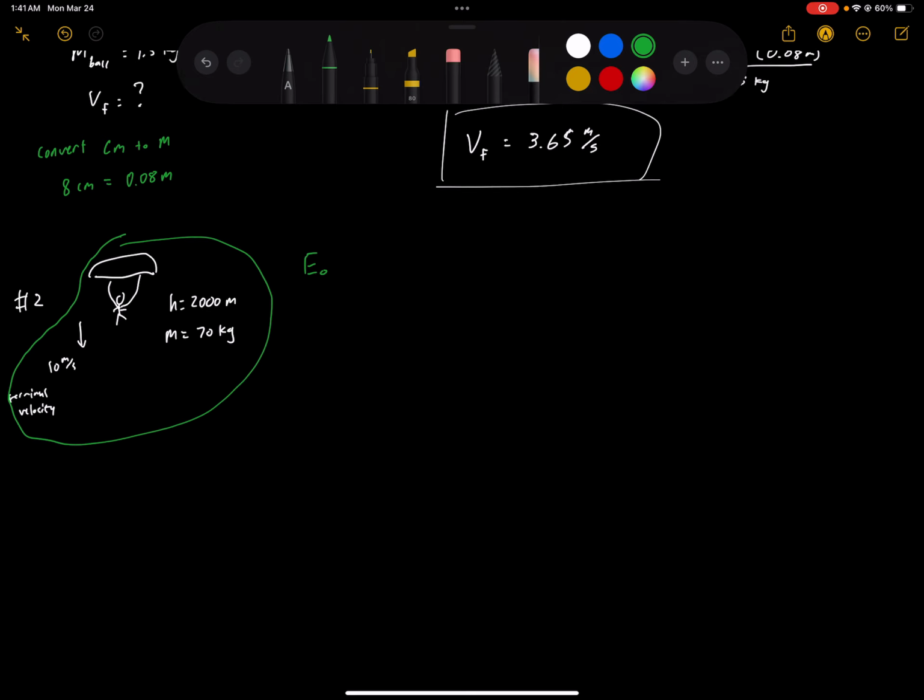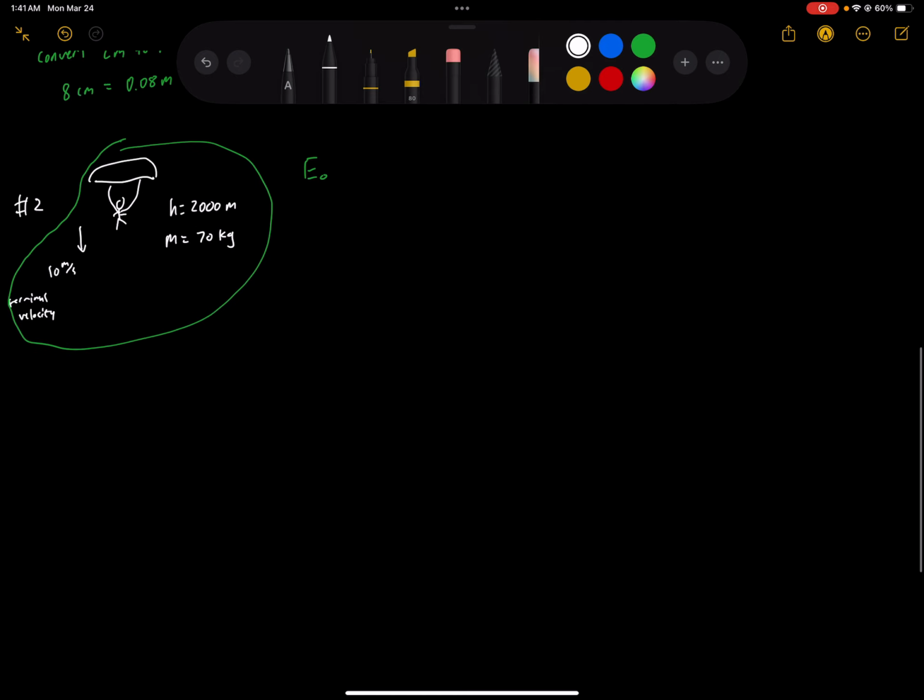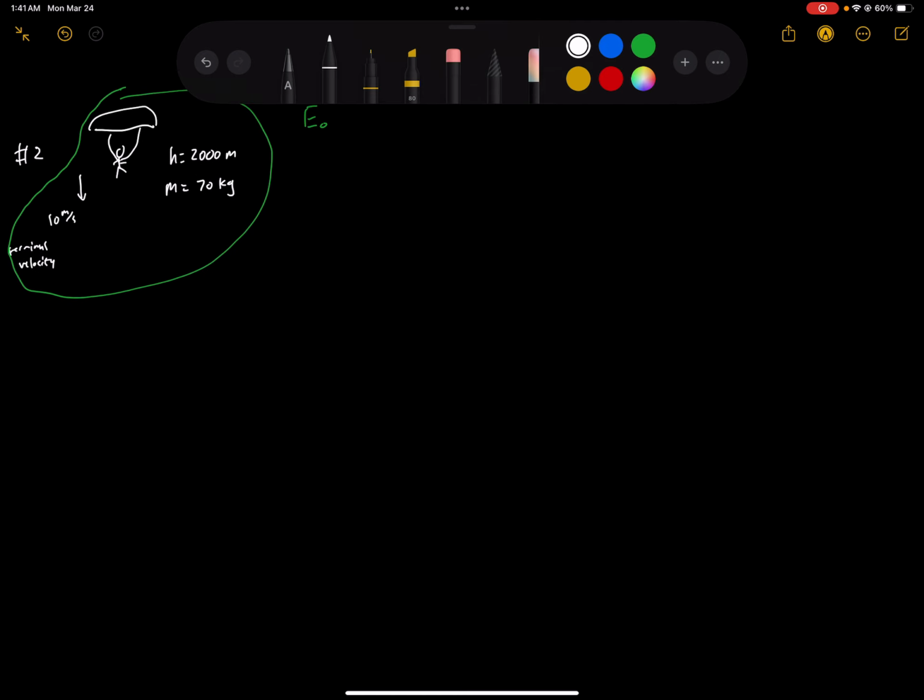The final energy of the system, which I'll draw just below because he's falling. We're going to look at his energy at a height of, what did I put here? Oh, at a height of 100 meters. So we're looking at his mechanical energy from a height of 2,000 meters down to a height of 100 meters.